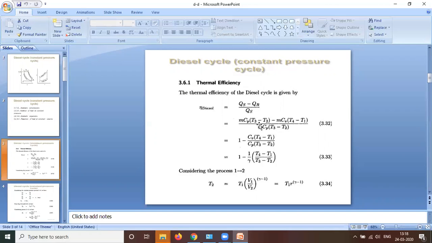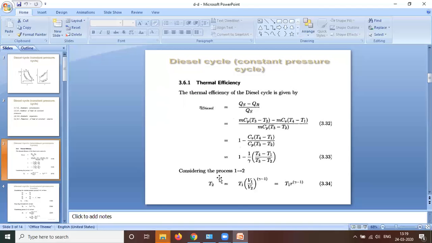After dividing, the 1 and the m cancel out, leaving Cv by Cp times (T4 minus T1) over (T3 minus T2). We know the value of Cp by Cv is gamma, so that is 1 by gamma times (T4 minus T1) over (T3 minus T2).